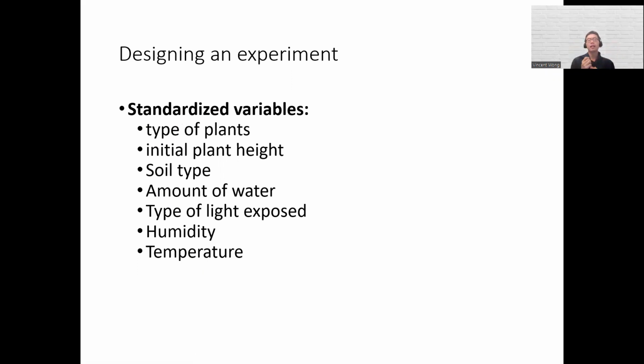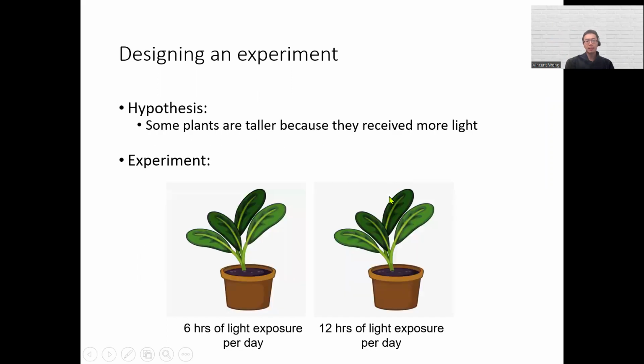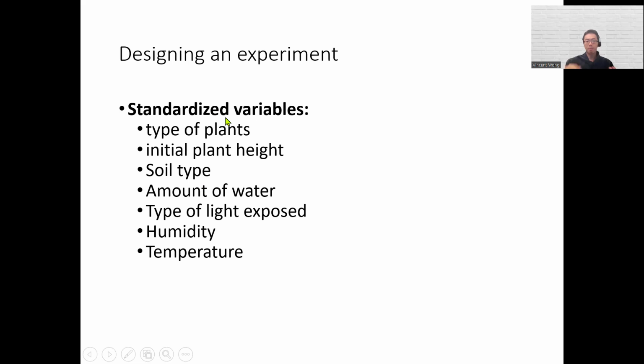That is very important, because in the end, when you see one plant gets taller than the other, you can say with confidence the difference in height was caused by the sunlight only. It's caused by the amount of sunlight, not by any of these, because they were all kept the same for both groups.